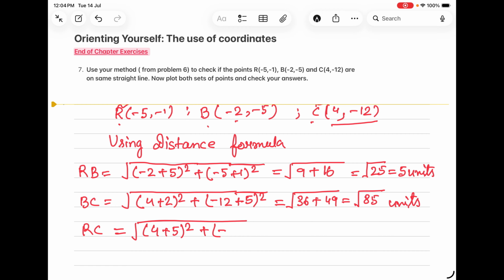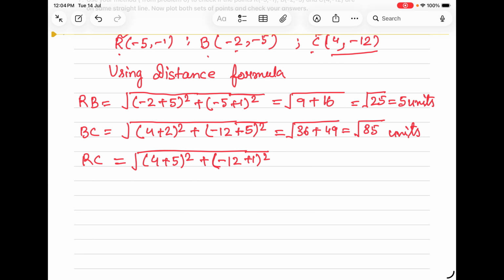So minus 12 minus minus plus 1 whole square. So first one, 4 plus 5, 9, 9 square 81, plus minus 12 plus 1, minus 11 whole square 121. So total square root of 202. Keep it like that. So units.